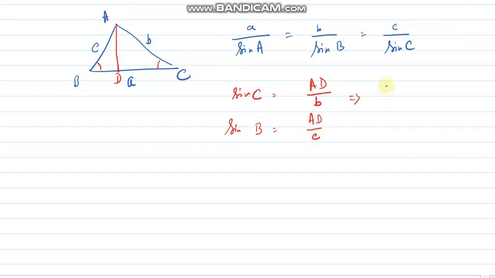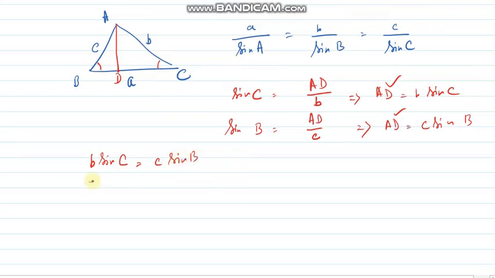So from here AD equals b sine C, and AD also equals c sine B. As these two are equal, we can write b sine C is equal to c sine B, so b divided by sine B equals c divided by sine C.